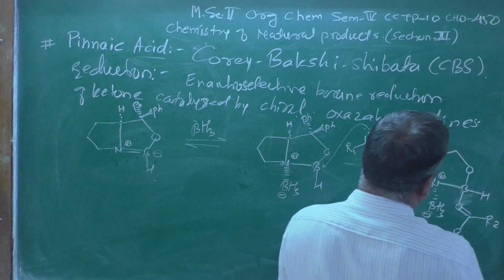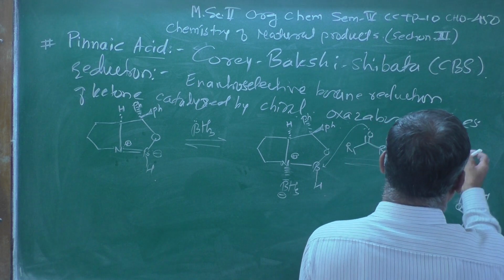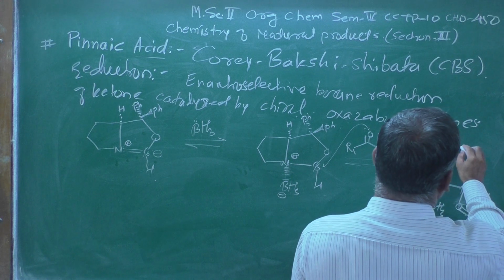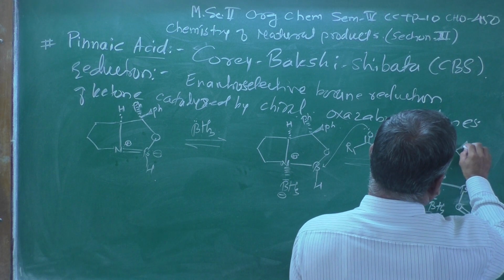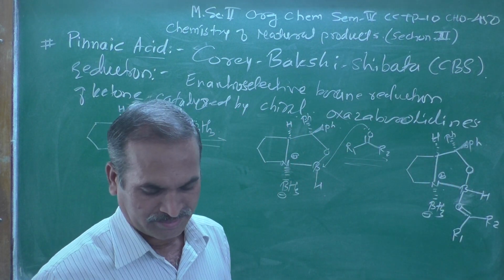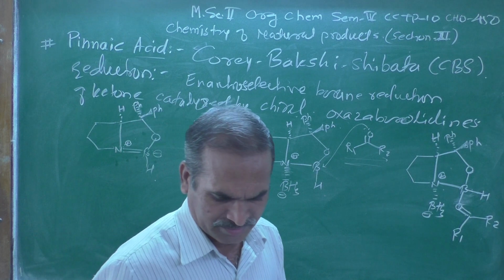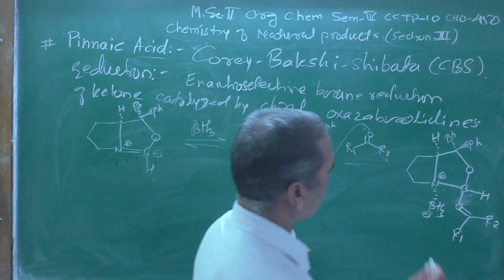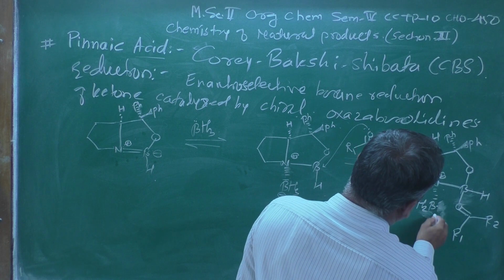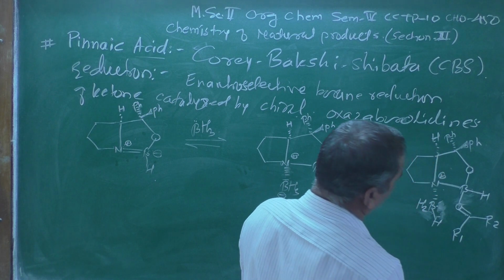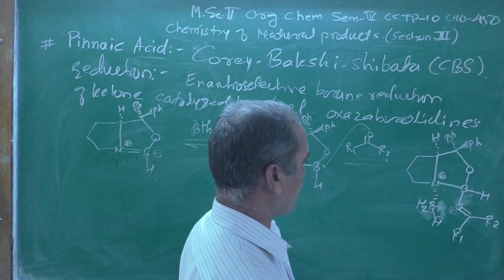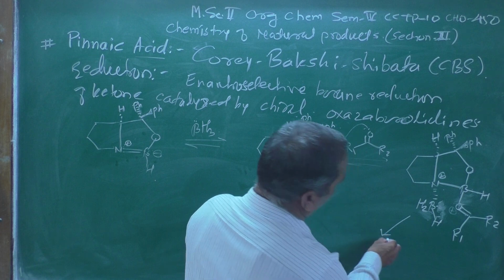This is a hydrogen atom which I have shown like this. One of the phenyl groups I am representing below the plane, another phenyl group should be above the plane, and after that what is going to happen here, for the sake of convenience, here H2 and one hydrogen I am showing over here, and this oxygen atom carries a positive charge.